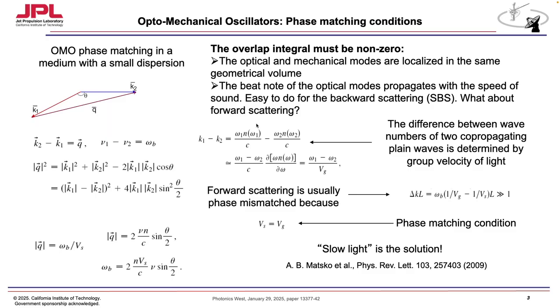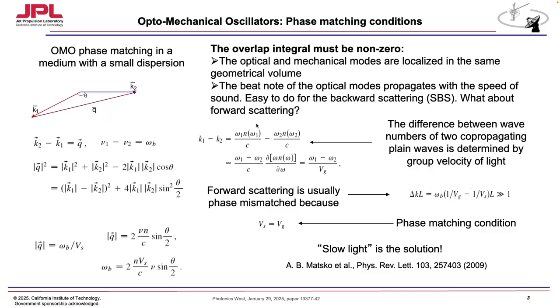In this case, we have light propagating forward, for example the pump, and then we have backward reflection and a slightly smaller frequency optical wave and sound generated. So in a collinear case, in the case of two k vectors, we can find the difference of those, and we can see that it coincides with the difference of the frequencies of these two, divided by the group velocity of the medium at that point.